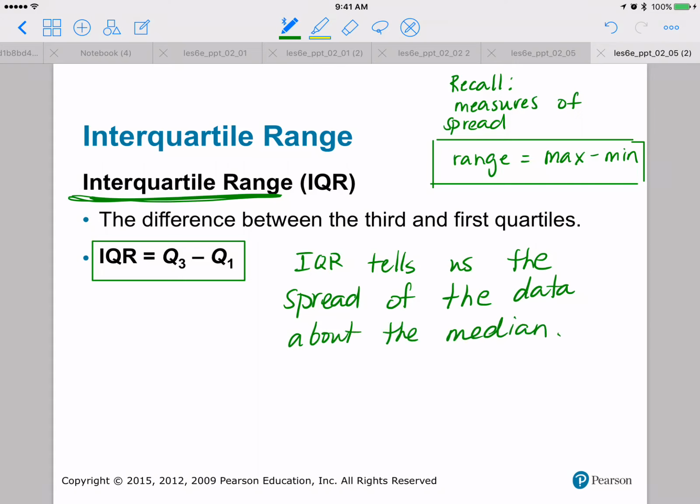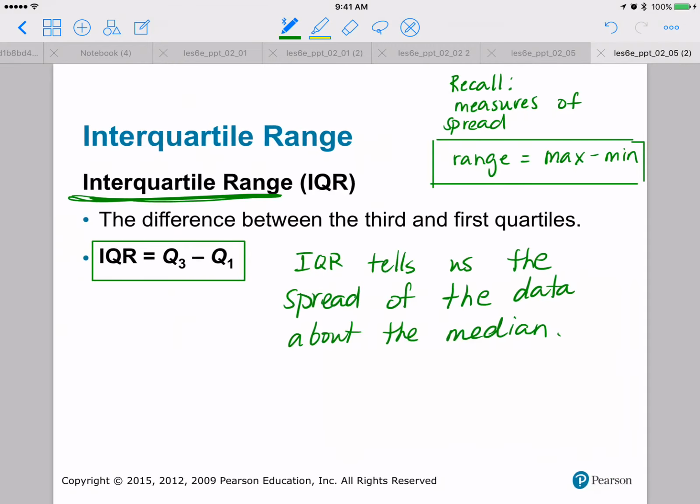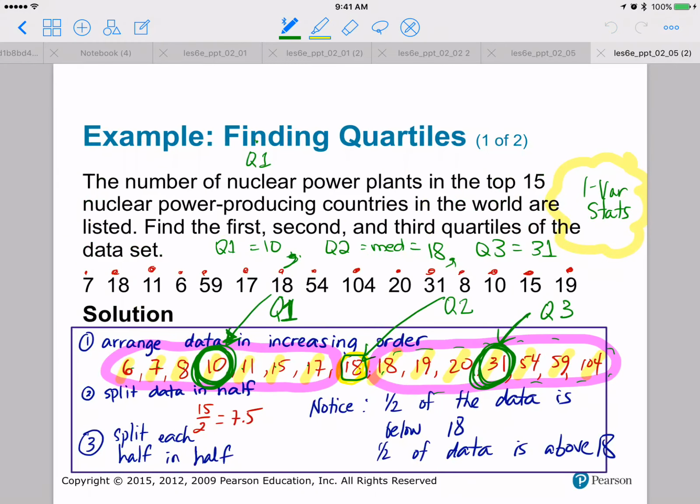If your IQR is small, that means your numbers are really close to each other. If your IQR is large, that means your numbers are spread out. Okay, so let's do an example. Find the IQR of the data set from the example we had earlier.